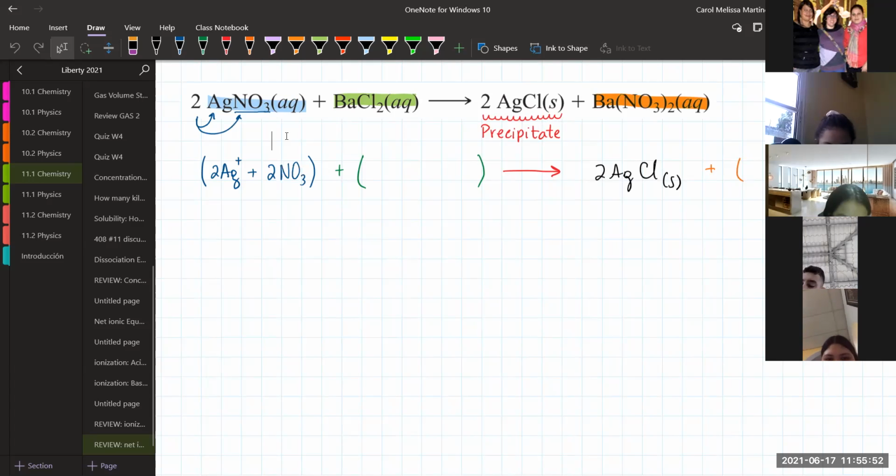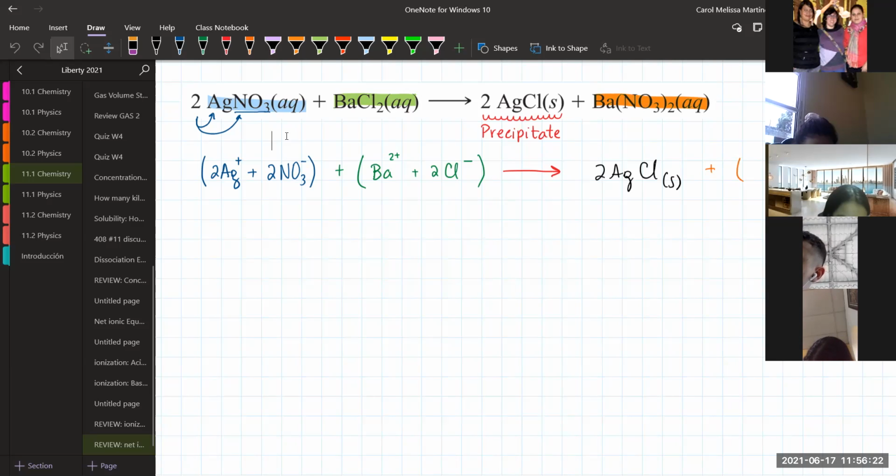And the nitrates have the charge of -1. On the other side, you have barium chloride. You have barium, which is the metal, the cation, and it has a charge of +2. Then you have the chloride ion. You have 2 chloride ions, and chloride ions have a charge of -1.